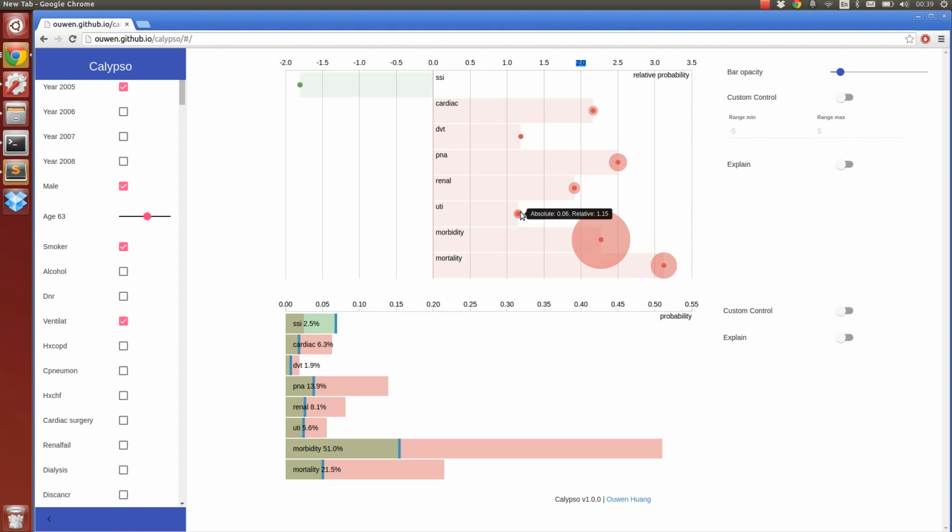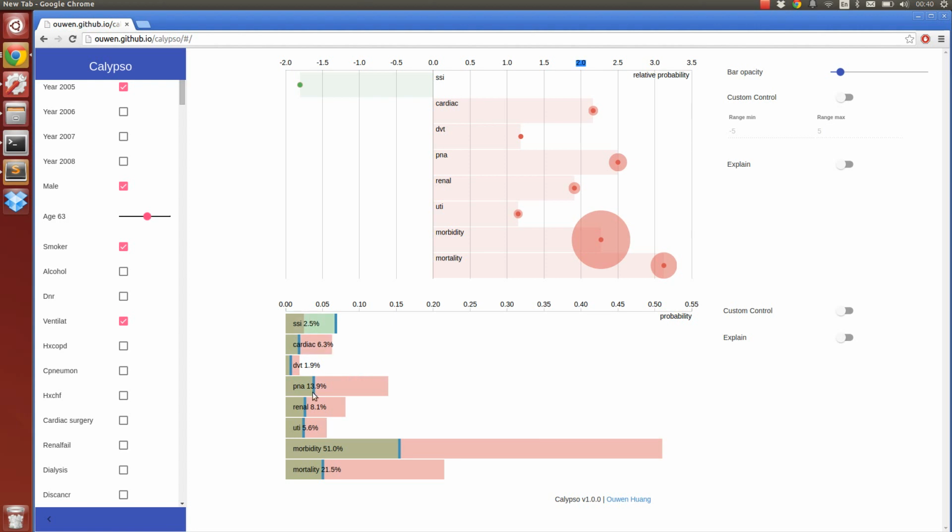Something like a UTI infection here is only around 6%, but the morbidity risk is around 51%, which is why these spheres have such a large discrepancy. So you should notice that larger spheres kind of just draw the eye.